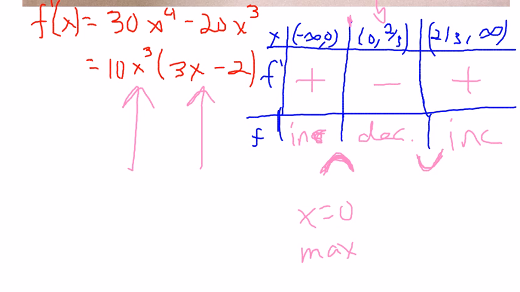And at x equal 2/3, I get a minimum. If this was the AP test, I would have to say max because the derivative changes from plus to minus, and for this one I would say min because the derivative changes from minus to plus.